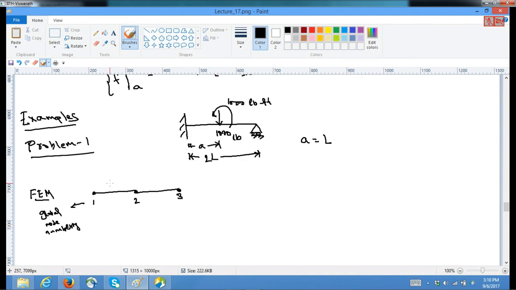So, and similarly, this is element 1 and this is element 2. Okay, now I know that now my point load is acting on the node something like this.